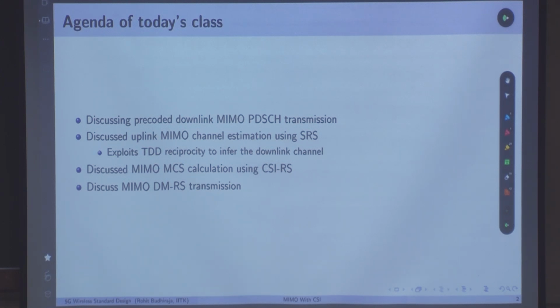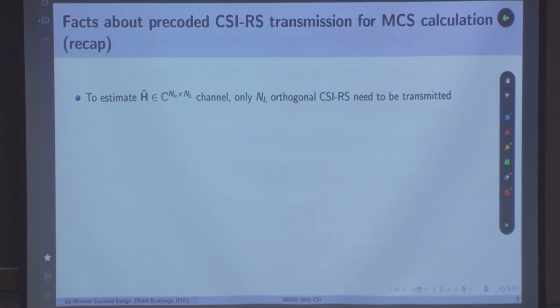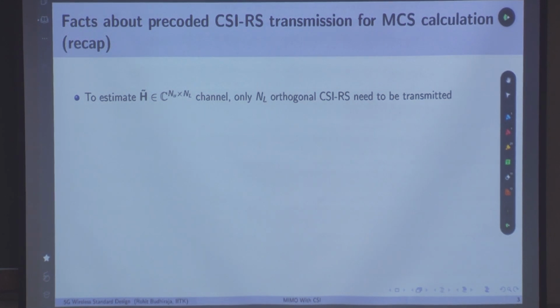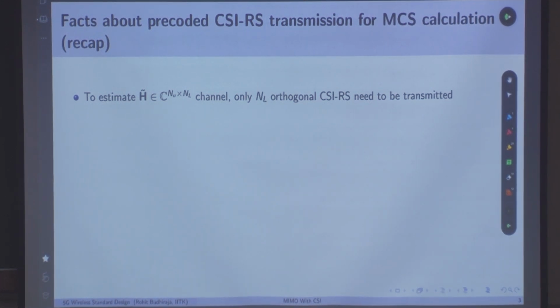Though we have discussed it in some form earlier, it is good to recapture that and then understand its design and its implementation for MIMO also. Before moving on to the DMRS, we will quickly recapture the CSIRS transmission, because this DMRS transmission is similar to the CSIRS transmission.